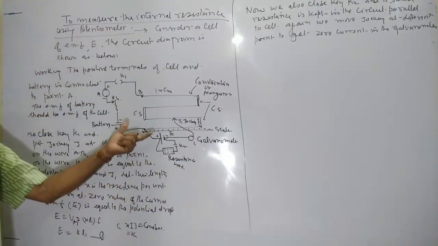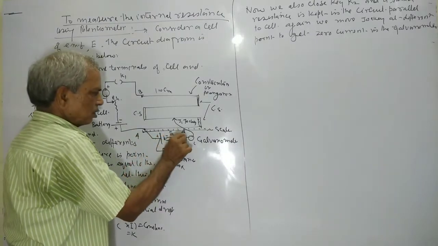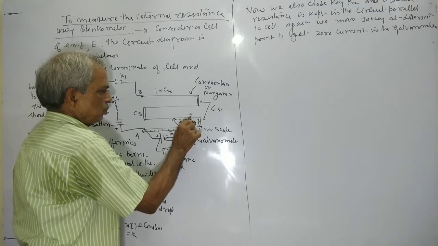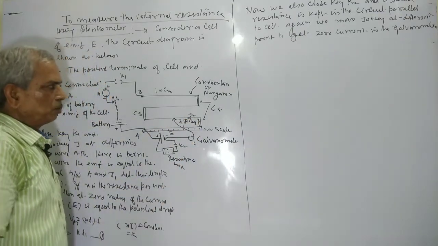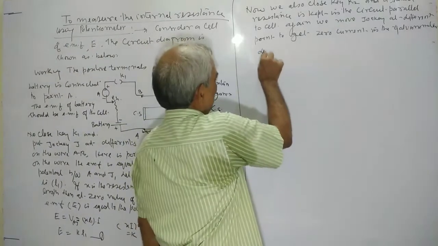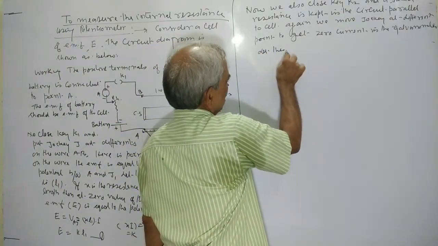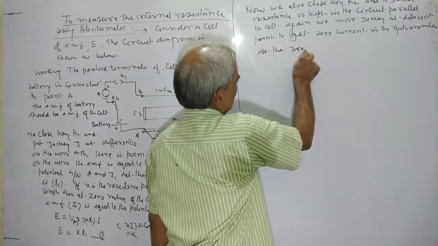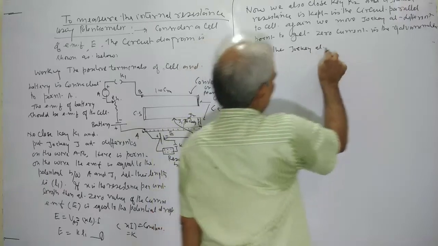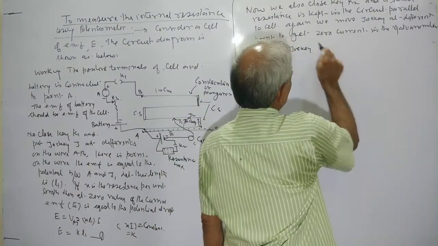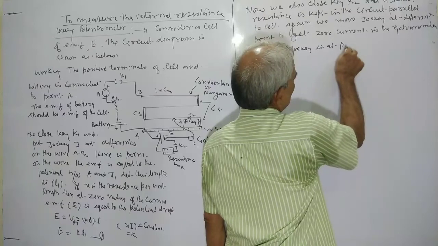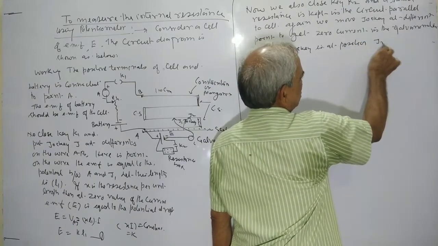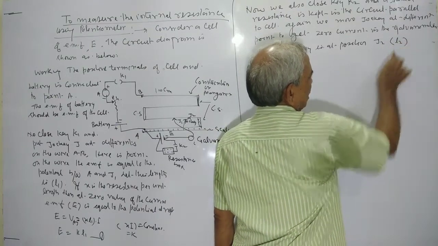Let the jockey be at position J2 and the length be L2.